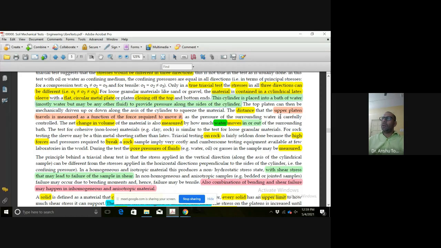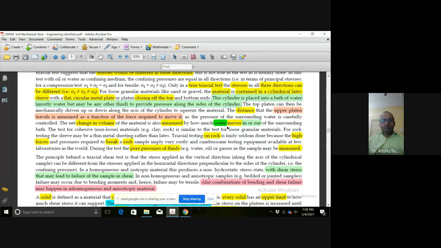The pressure of the surrounding water is carefully controlled. The net change in volume of the material is also measured by how much water moves in or out.